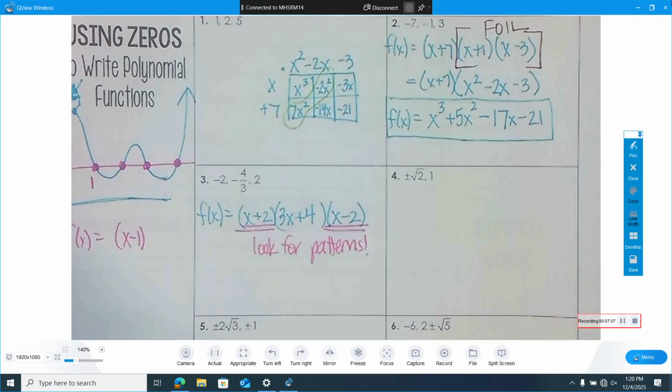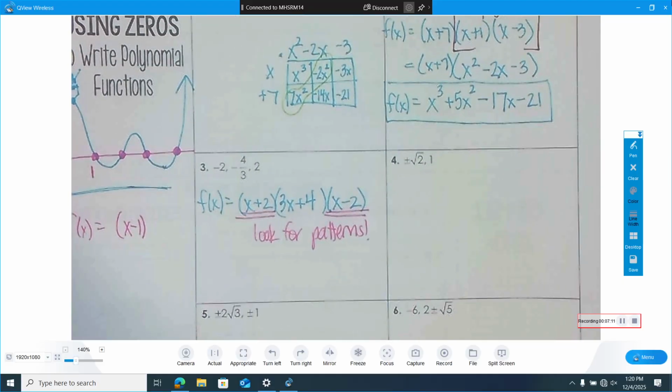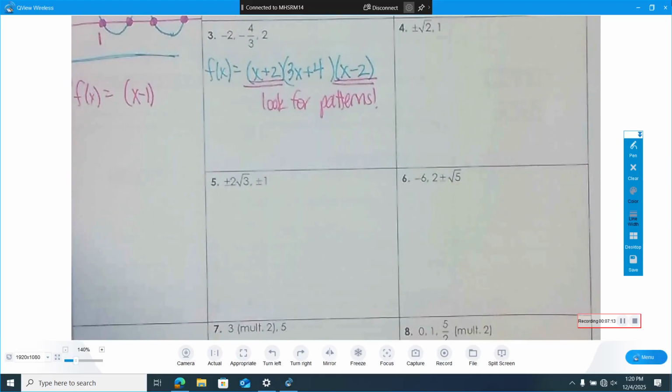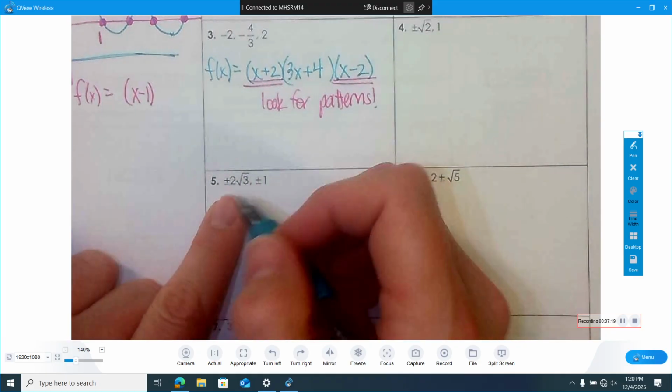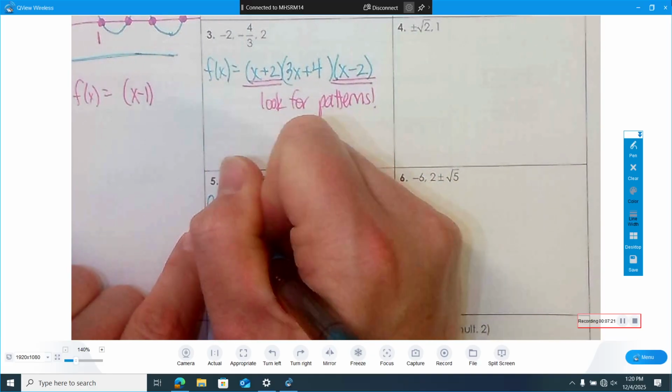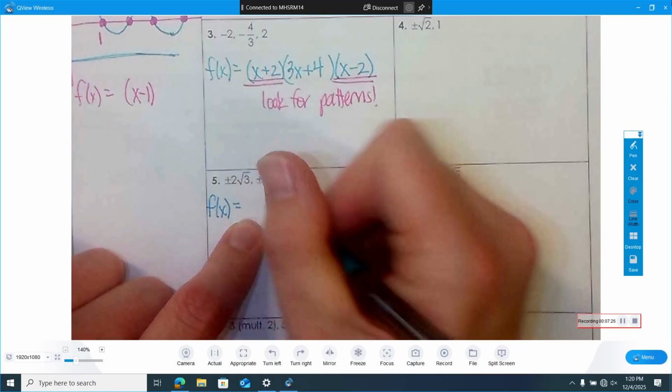Okay? So it gets a little more challenging for something like number 5. So we're going to do number 5. All right. Here we have a zero of positive 2 radical 3. So what bubble did it come from?